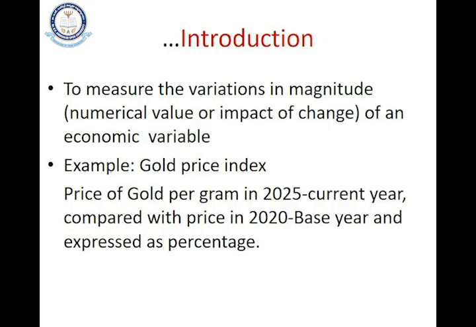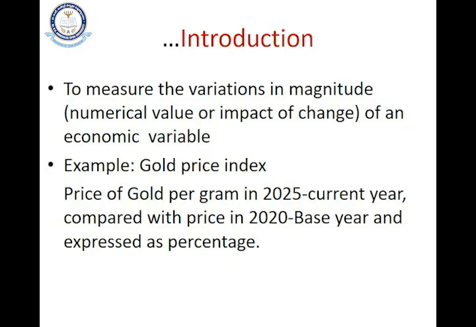Say, with a single variable, let us start with the understanding aspect. For example, if we start studying the gold price index, the price of gold is constantly increasing over the last 5 to 6 years. If you compare the gold price in the year 2020 with the gold price in 2025, that constitutes an index number.